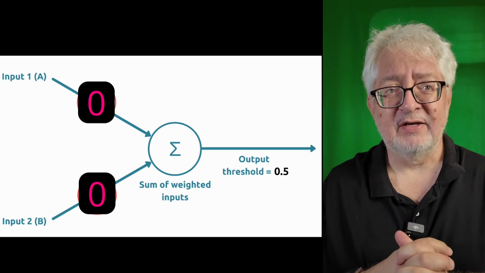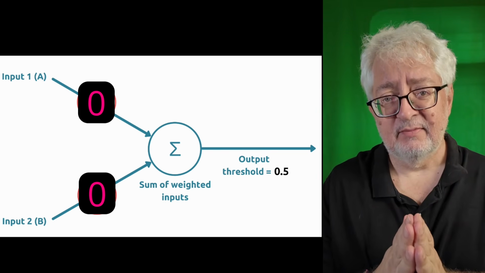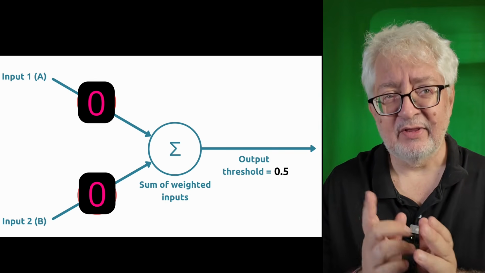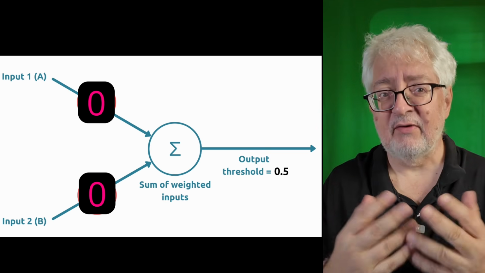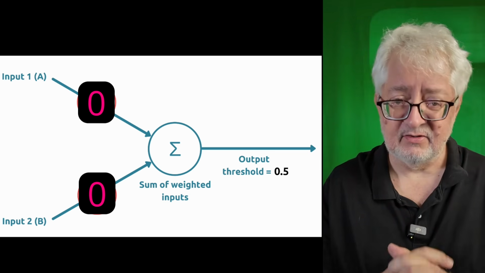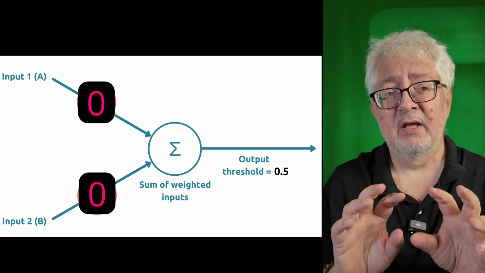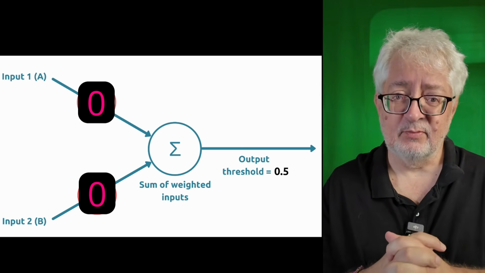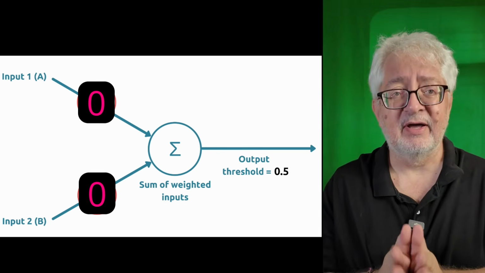So now I have 1 and 1 coming in on the left side to my neuron, because I want to do the first line of my truth table, and I want the output to be 1. Now if both my weights are 0, what will arrive at my neuron is 0, because 0 times 1 is 0, and the other 0 times 1 is also 0, so when I add it up, it will be 0, and so this will be less than 0.5, so my neuron will not fire. This is not what I want. I want it to fire, right?